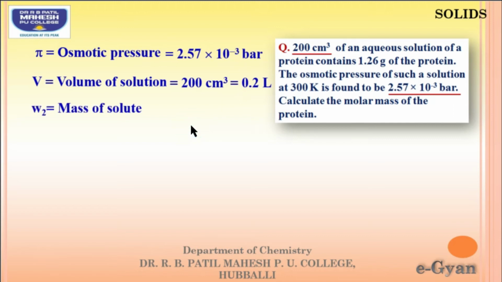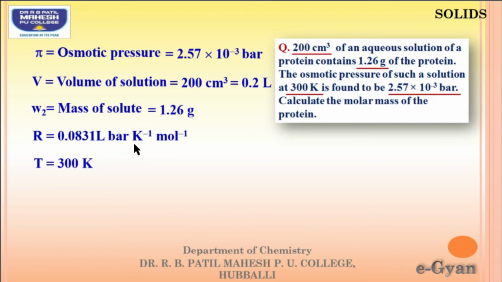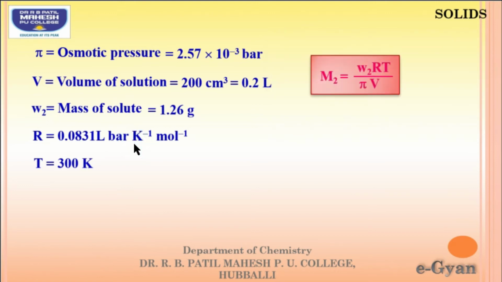Next is the mass of the solute, 1.26. R is equal to 0.0831 liter bar per Kelvin per mole. Don't take 8.314, because you have to take it in terms of liter bar. So its value is 0.0831. T is 300 Kelvin. Substitute these values.